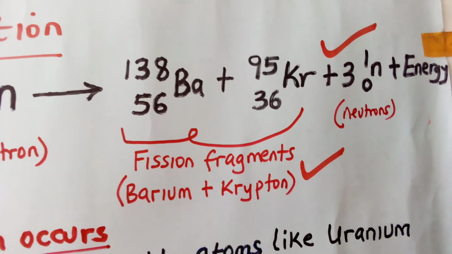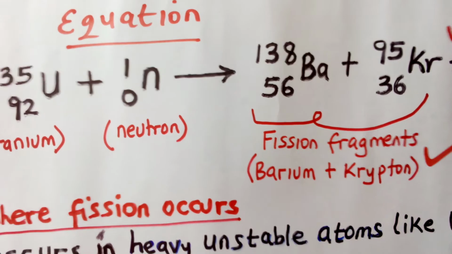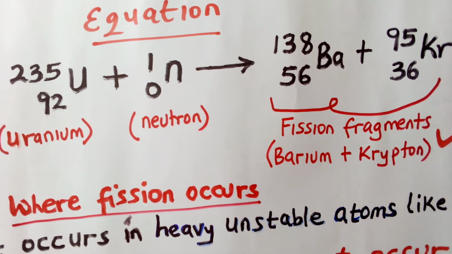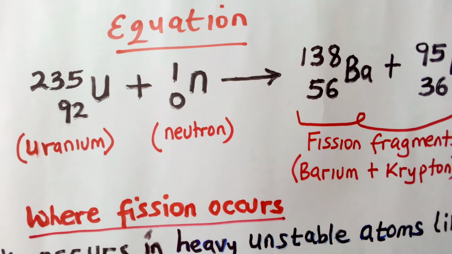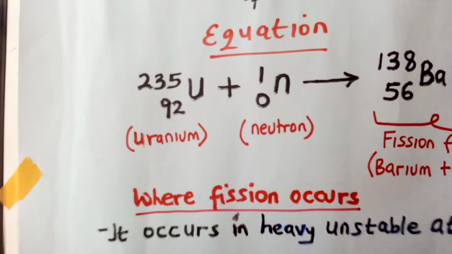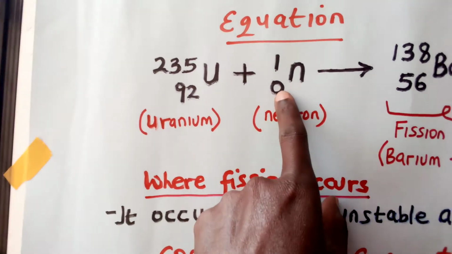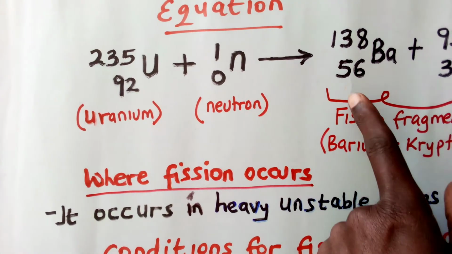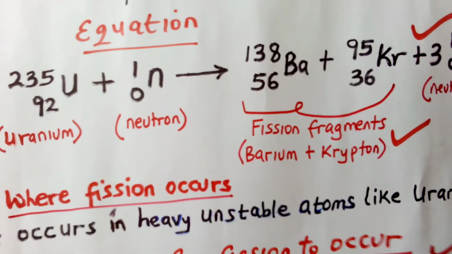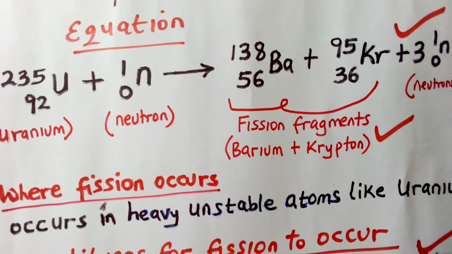But now, how do we balance this equation? Balancing equation means we are going to look at the mass numbers and then atomic numbers. When you add 92 plus 0, you get 92 on this side, which means when we add all these ones also this side, they should also give us 92. Let's try to add.